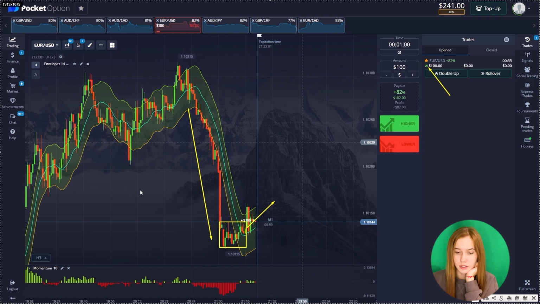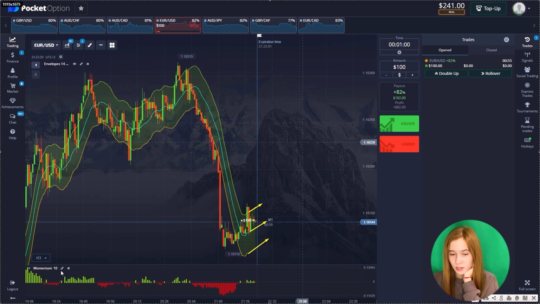Then in this consolidation, we see our indicator shows us the boundaries in the upper positions. This indicator shows us some consolidation. Bars constantly change in their height, but consolidation is in the upper position.